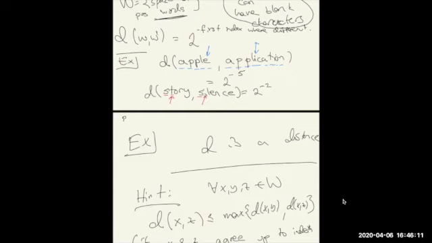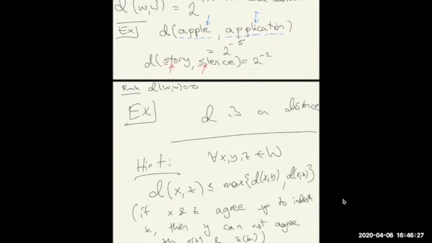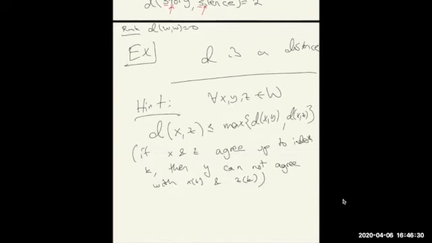One should add a special case: the distance from a word to itself is always equal to 0. But if you have different words, they eventually differ at some index, so you do get something positive. The way this is phrased is evidently symmetric. So the only case that you really need to check is the triangle inequality.